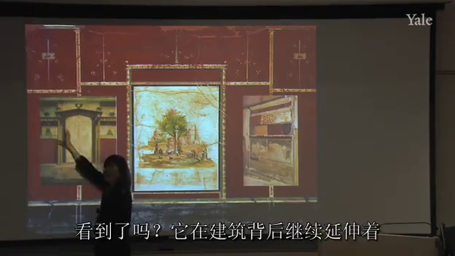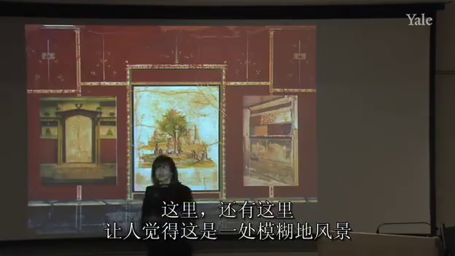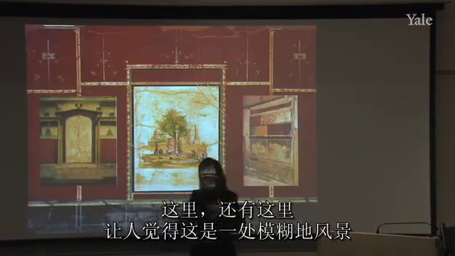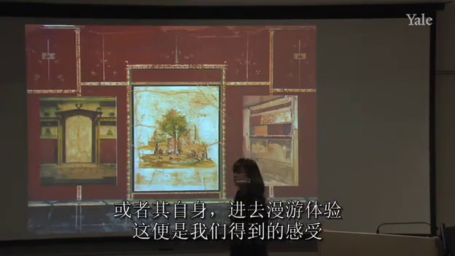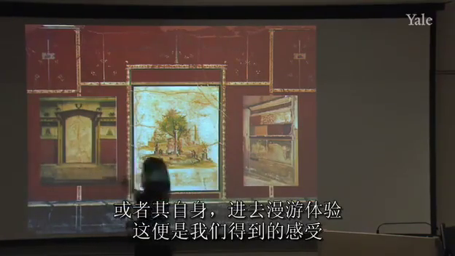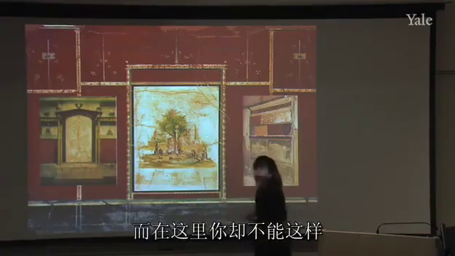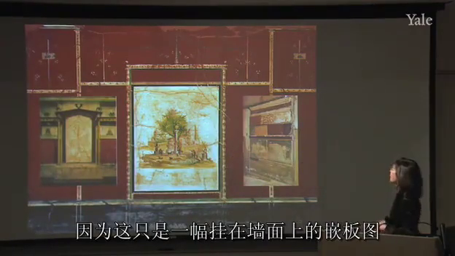It continues behind the architecture, here, here, here, which gives us a sense again that this is a misty landscape of some sort that one could at least with one's eye, but also perhaps oneself could actually enter into and wander around. That's the sense you get here. But here you are stopped from doing that. There's nothing more here than a panel picture that hangs on a wall.